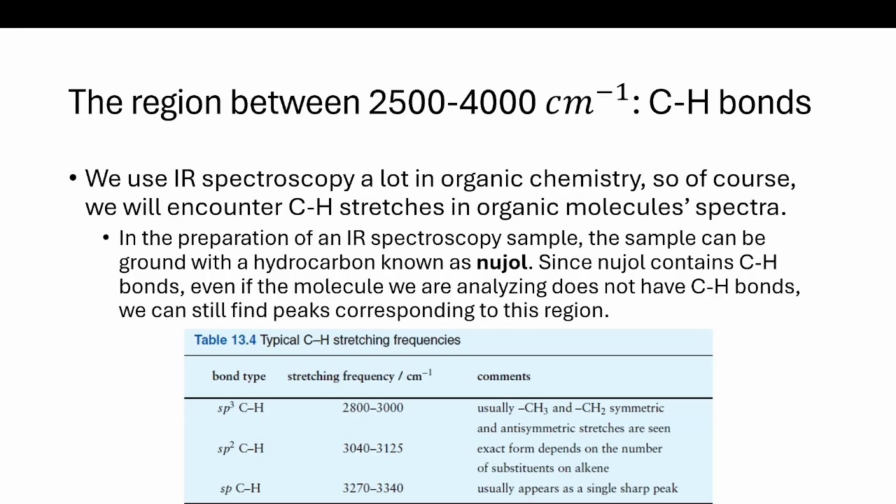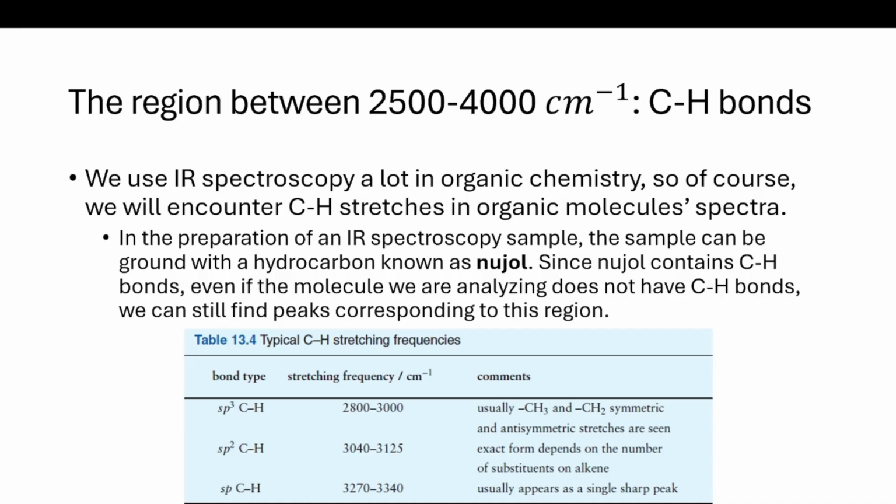In addition, even in preparation, if our sample doesn't contain carbon-hydrogen bonds, we can use something known as Nujol. This is something that we grind along with the sample to create something suitable for the IR machine.